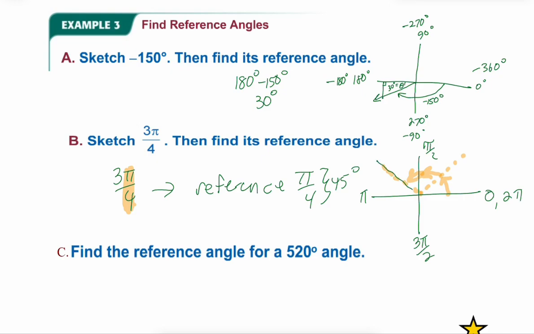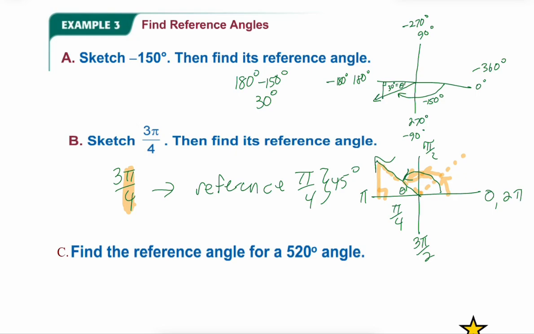So 3/4 is right there, 3/4 of the way to pi. That's what 3 pi over 4 means. So our triangle, remember, you always connect it to the x-axis. Our theta prime is right there. Guess what? It's pi over 4. So radians are actually nicer when it comes to reference because the reference angle is staring you in the face.